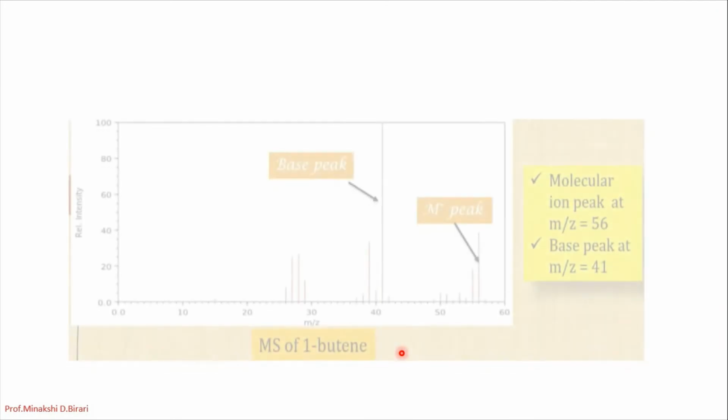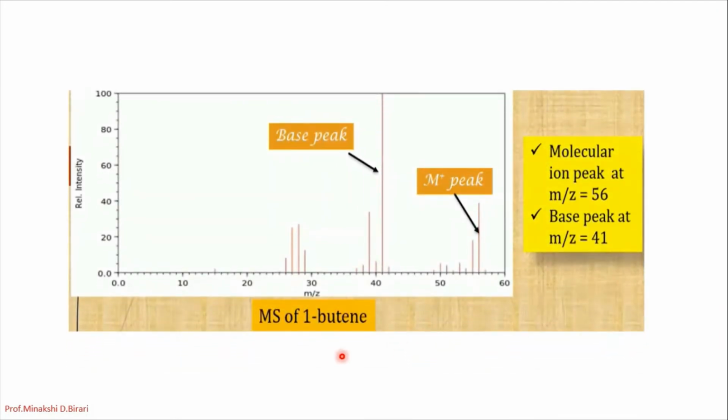So it is the mass spectrum of 1-butene. It is a terminal alkene having the characteristic peak at 41. So base peak is observed at 41 and molecular ion peak at 56. As we know, the tallest peak is called the base peak.